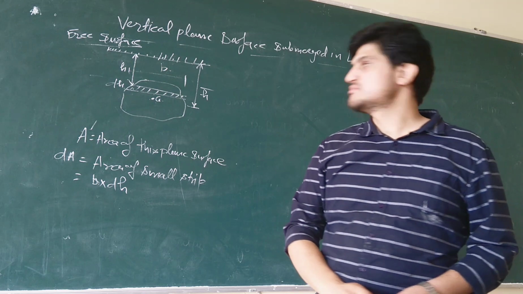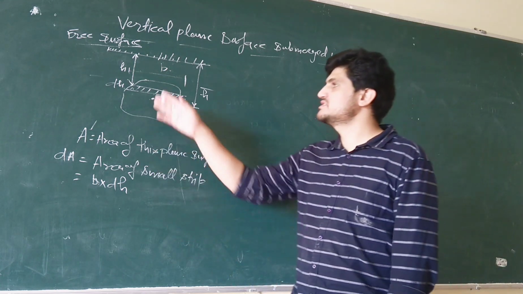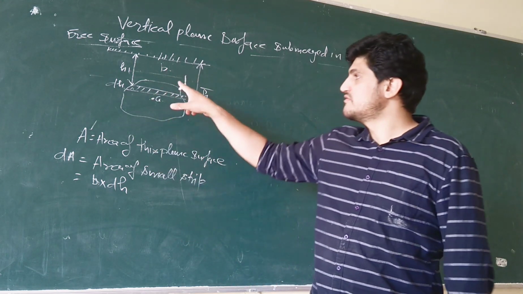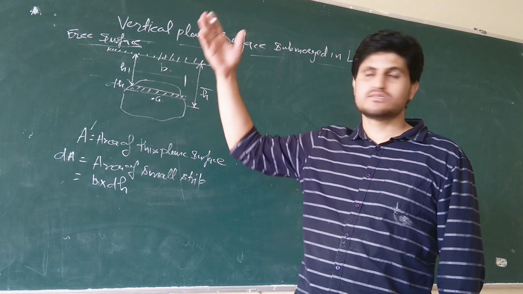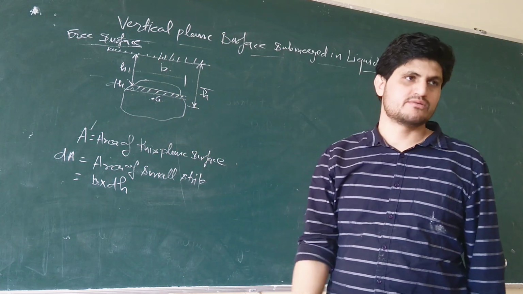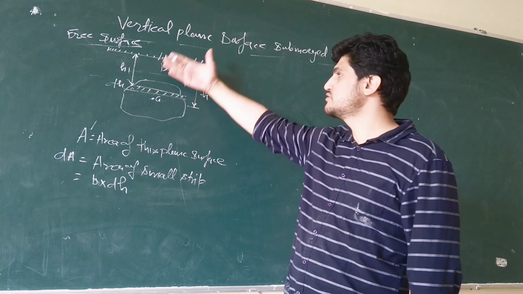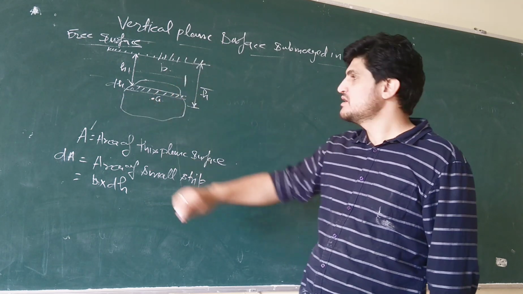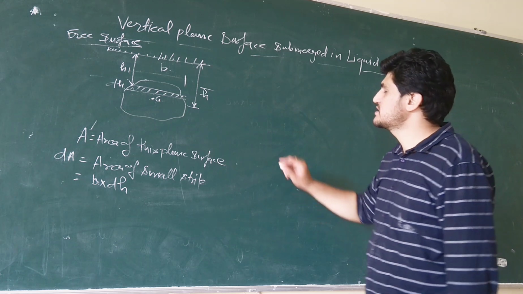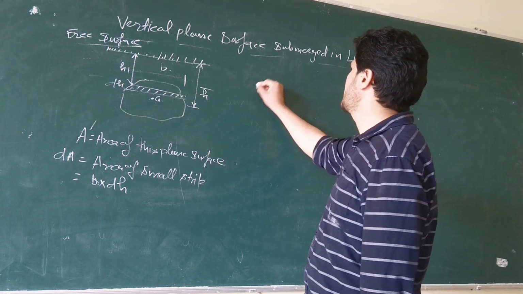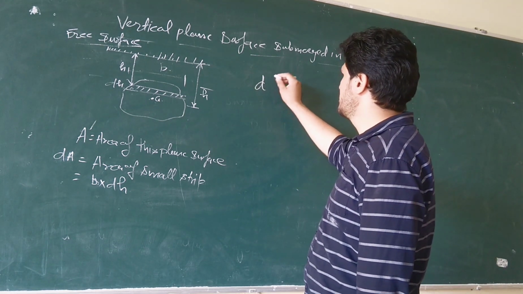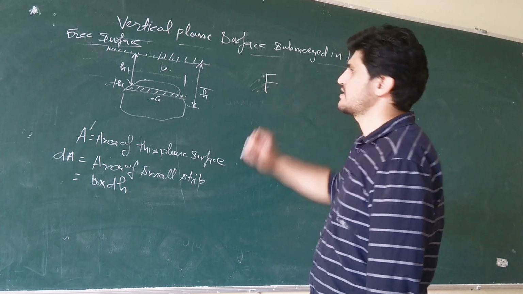So what have we considered? We have considered a vertical plane surface which is submerged inside a fluid. A vertical plane surface, when submerged, will be submerged in this way. In the last class we calculated the value of the force.